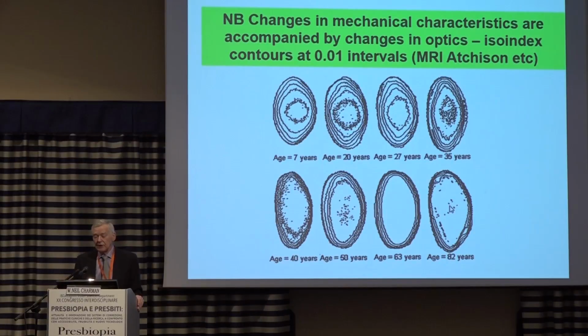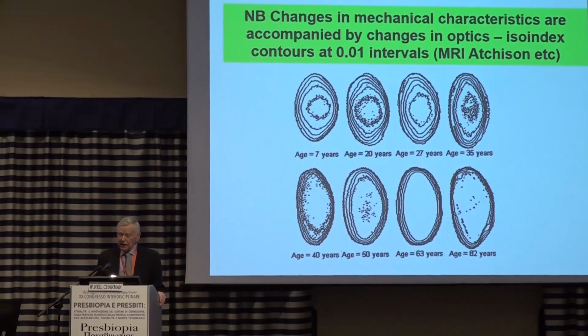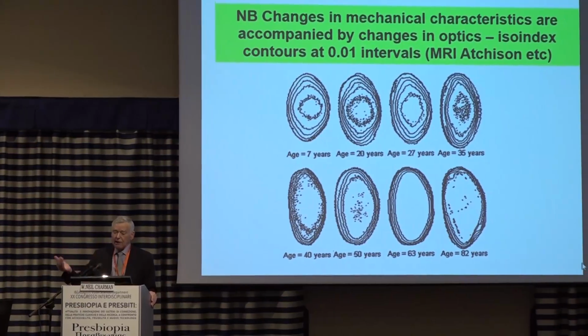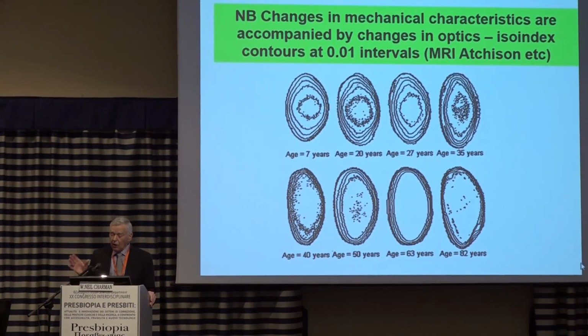Now, in the lens of the human eye, the center of the region of the lens has higher index than does the periphery of the lens. And the striking thing, if you look at this, the top left one is a 7-year-old, the bottom right one is an 80-year-old, that these contours are obviously moving towards the periphery of the lens as you get older. In the young lens, there's a big gradient of refractive index. In the old lens, it's almost homogeneous.